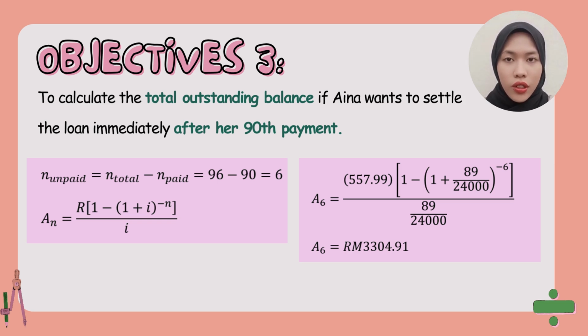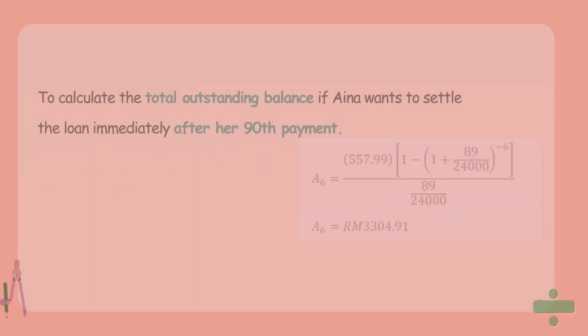After doing the calculation, we get A sub 6 equals 3,304 ringgit and 91 cents. So the total outstanding balance Aina needs to pay if she settles the loan right after her 90th payment is 3,304 ringgit and 91 cents.